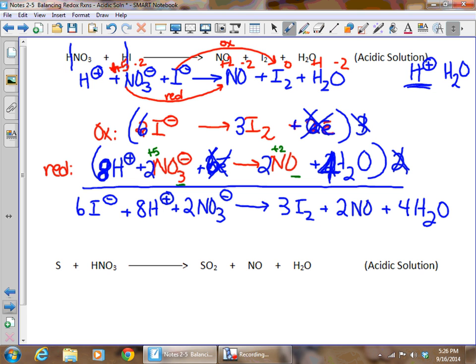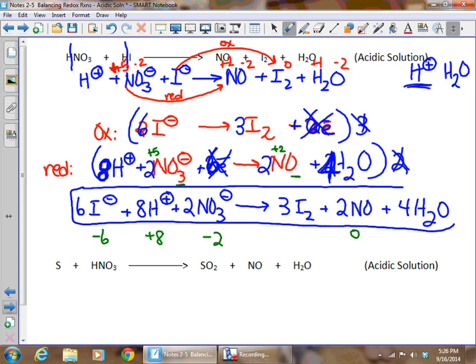The last thing we want to do is to make sure our charge is balanced. And if you look at what we've got, -6 here for the iodides, -2 for the nitrates, and +8 for the hydrogens. That is going to balance out perfectly our 0 on the other side for our charges, making sure that they're balanced. So it looks like this is a good reaction, and we can box it.